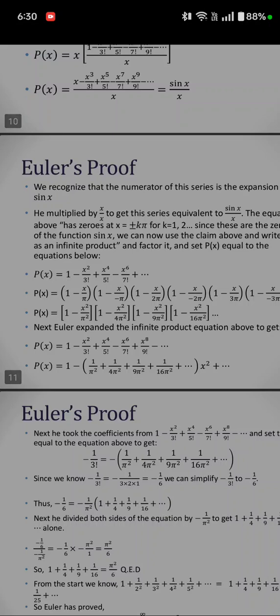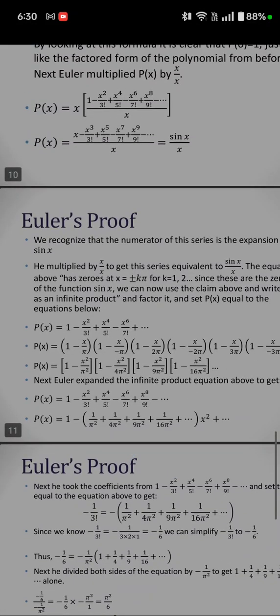Okay, now p(x) is equal to 1 minus 1 upon pi square plus 1 upon 4 pi square plus 1 upon 9 pi square plus 16, if we take x square common in this one, 1 minus x square upon pi square, this equation.